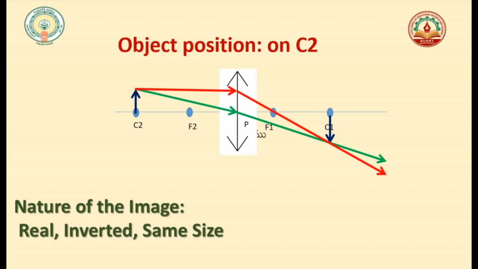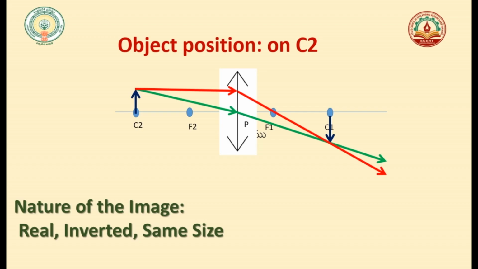You can observe that the object distance u, that is PC2, is the object distance and PC1 is the image distance. The object distance and the image distance are equal.